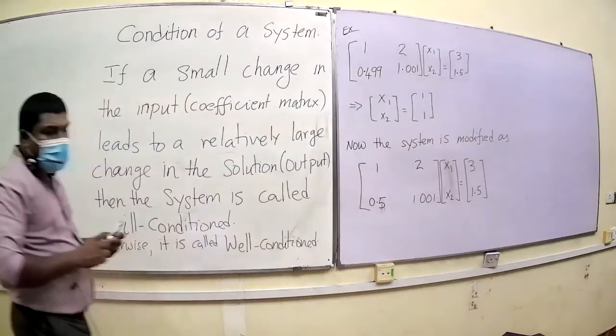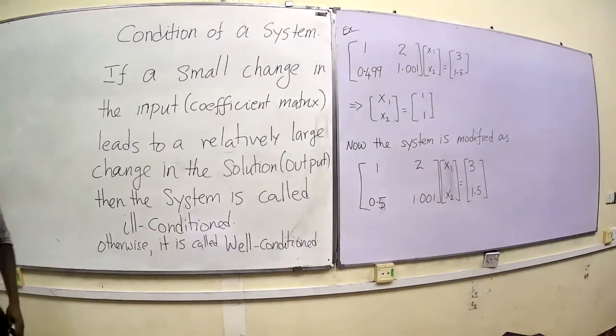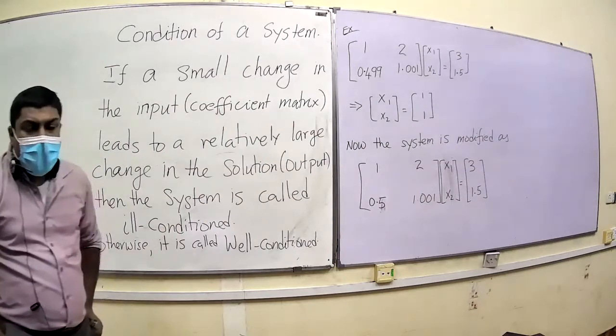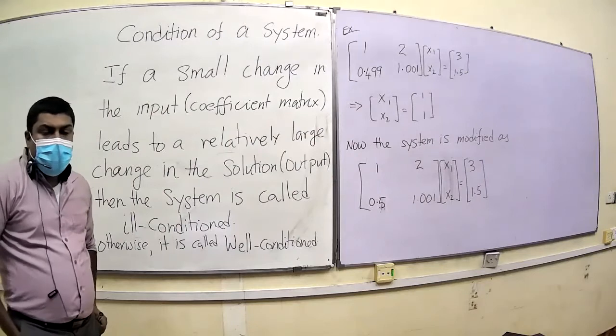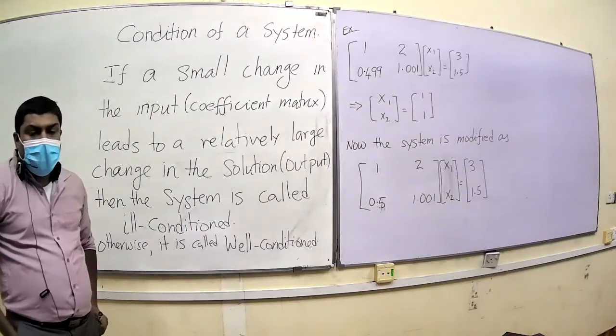So now we slightly modify it. One small mistake, right? 0.499 is inputted as 0.5.